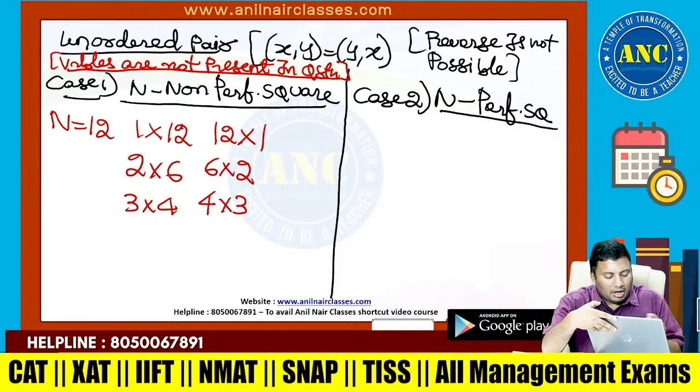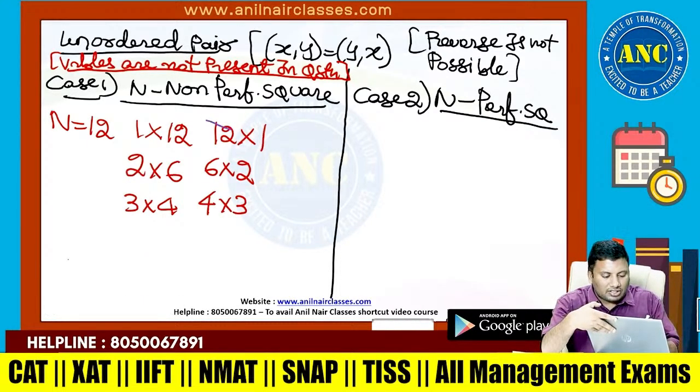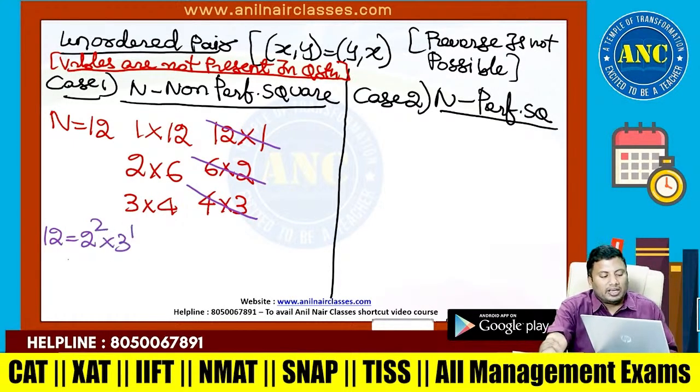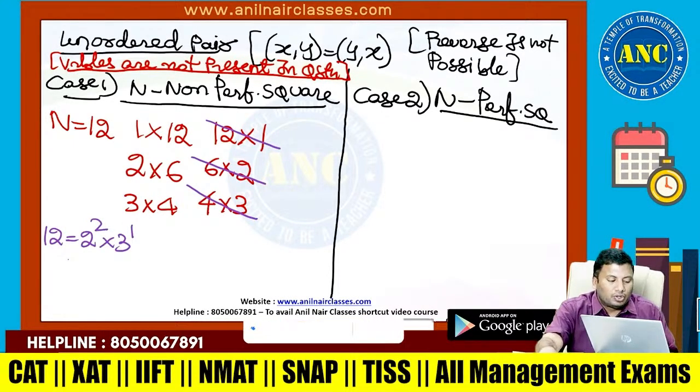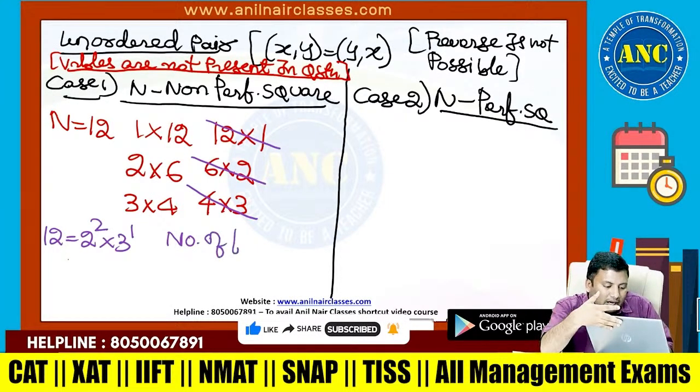In an unordered pair, reverse is not possible, so all the 3 are eliminated. 12 is 2 square into 3 power 1. Totally how many cases did we get? 3 into 2, 6 cases. Half of them are eliminated.